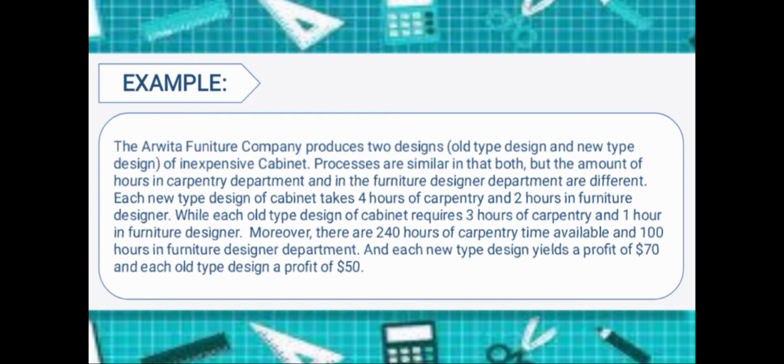So the first thing we will do is to understand our problem well. The Arweta Furniture Company produces two designs. Old type design, meaning the 90s design of cabinet, and new type design, meaning the designs of cabinets of today's generation. The processes are similar, but we take note that each new type design takes 4 hours of carpentry and 2 hours in furniture, while the old type or the 90s type of design of cabinet requires only 3 hours of carpentry and 1 hour in furniture designer.